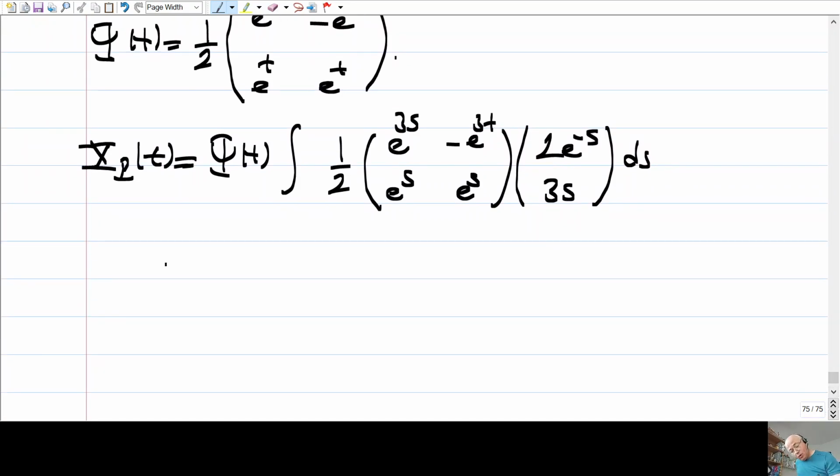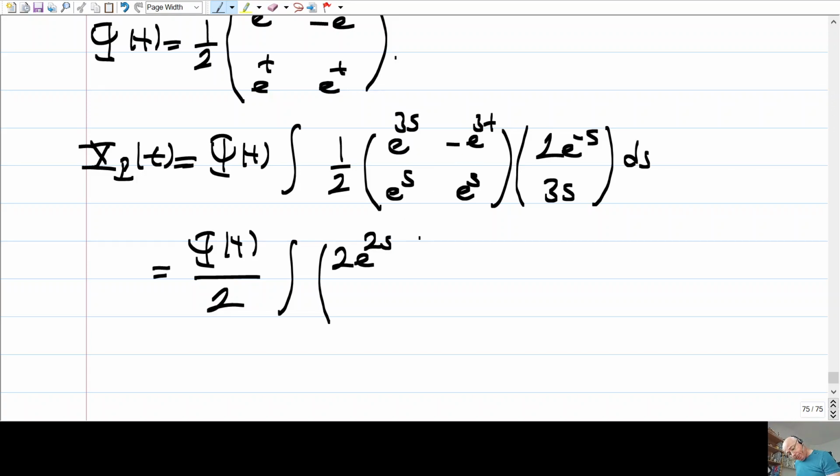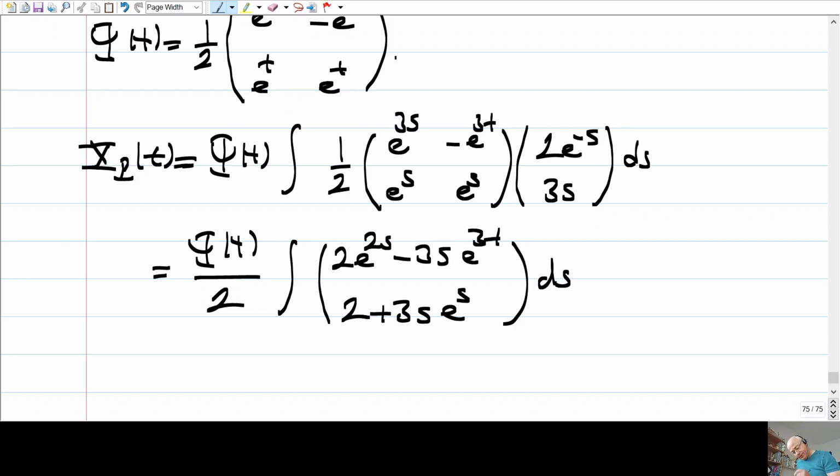Okay, so I multiply it out. All right, let me write it this way. Integral. So this is just 2 times, all right, 2 times e to the power 2s minus 3s e to the power 3s, and then I have 2 plus 3s e to the power s, and then we have ds.